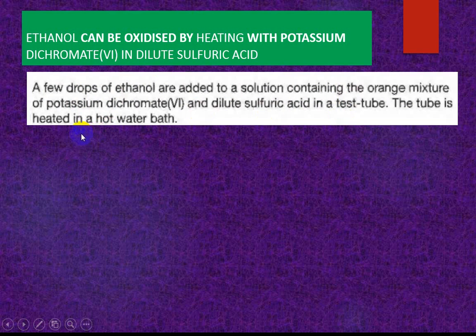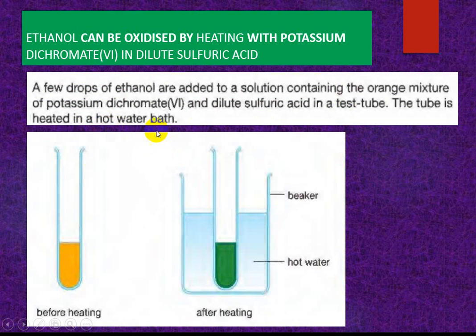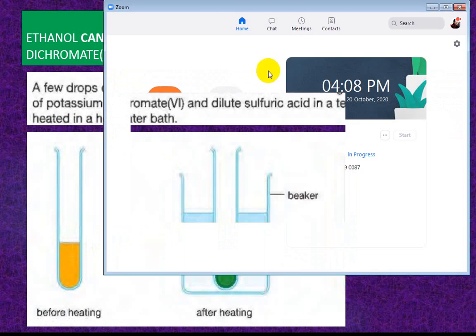The test tube is heated in a hot water bath. What is the color before heating? It is orange. When it becomes oxidized, its color becomes green because oxidation occurs in ethanol.